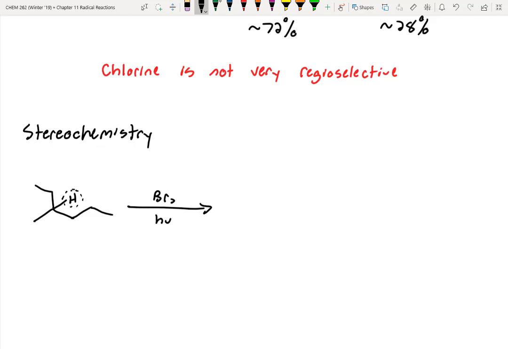Are we going to get one product or more than one product? More than one? Why? Let's think about it, right? That bromine really doesn't have a strong preference about adding into the top face of the radical or the bottom face. We saw that it's going through an sp2 intermediate that's trigonal planar. So the bromine has really no preference.